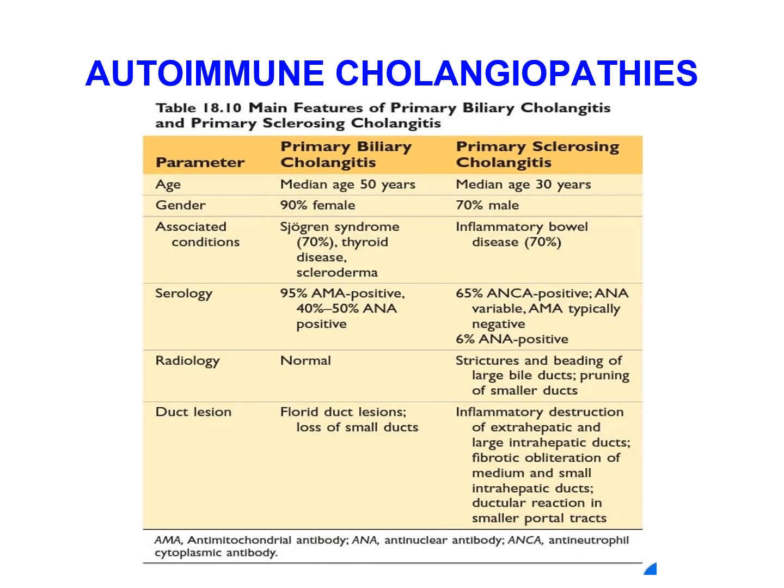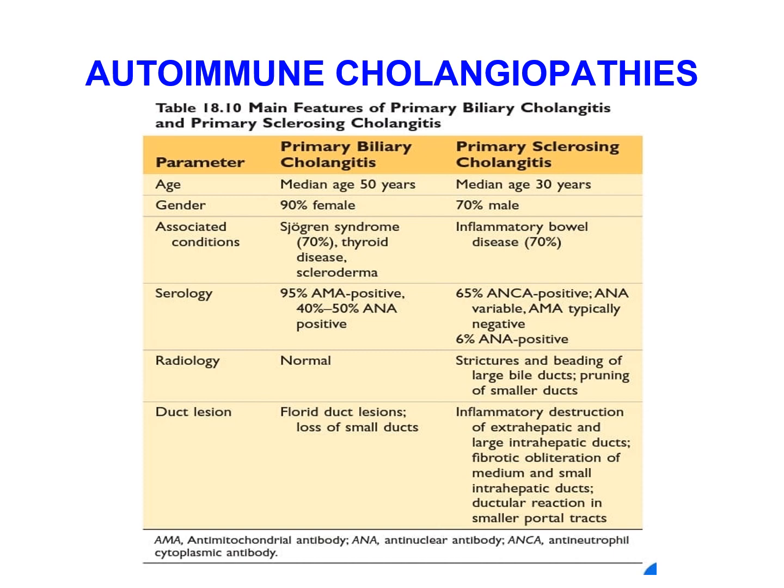Now this table is to contrast the main features of primary biliary cholangitis versus primary sclerosing cholangitis. PBC has a median age of about 50 years while PSC about 30 years. PBC is mainly a female disease while PSC is about 70% male.